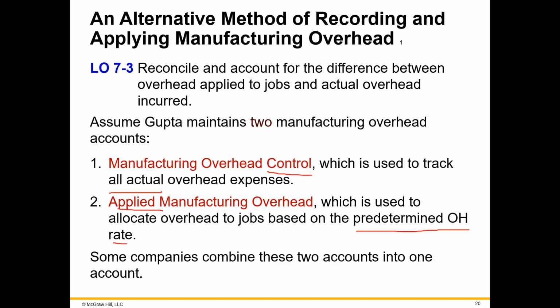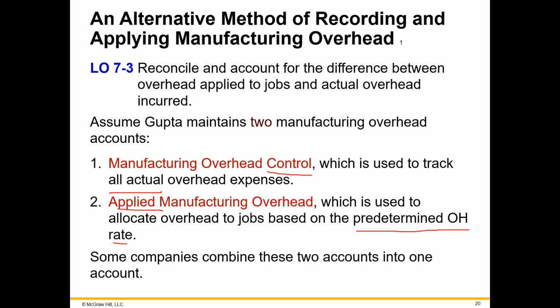Now, ideally, these two accounts are going to balance at the end of the month, but in reality, that never happens. There's always going to be a degree of overhead that's over-applied or under-applied. So at the end of the month, we balance these two accounts together, and if we over-applied overhead, then that means that our expenses are too high and we're going to have to reduce them a little bit.